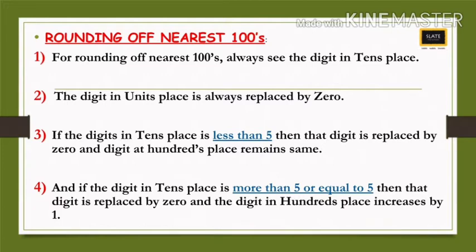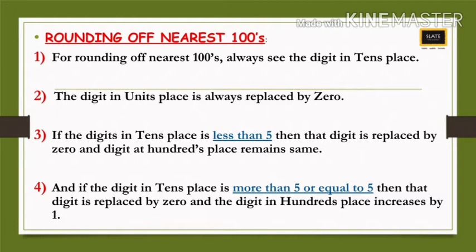Understood the second point now? Let's see the third point. If the digit in the tens place is less than 5, it is replaced by 0 while retaining the other digits. Now the fourth point.